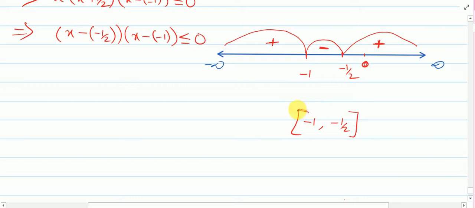When I give a square bracket, it means even minus 1 is included. But if I write round brackets, that means except minus 1 and minus half, everything in between. But in this case, since equal to is there, equal to 0 we will get only when x is minus 1 and x is minus half. Clear? So now you'll write, therefore, x belongs to this interval.